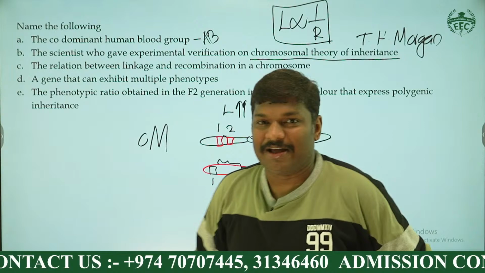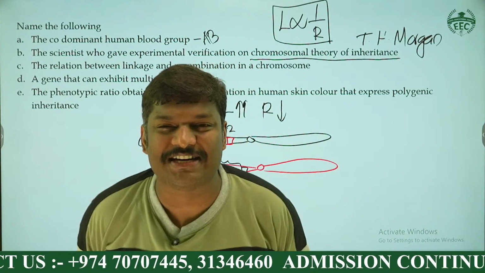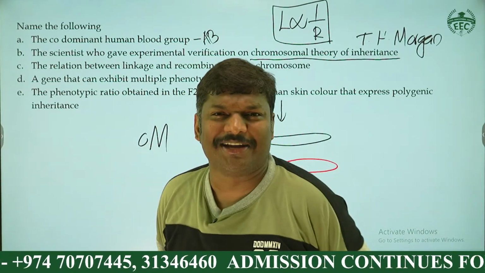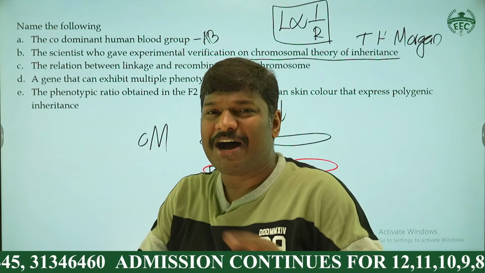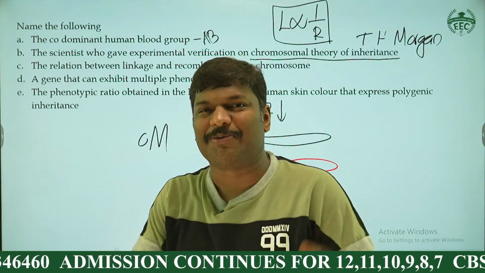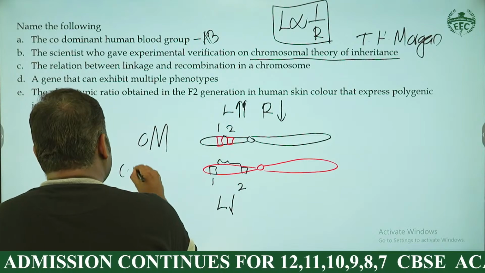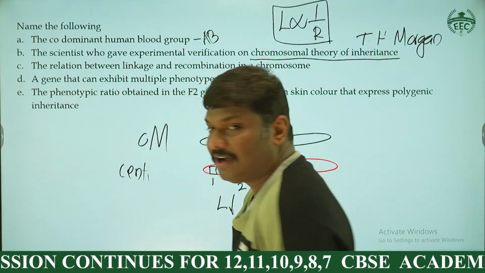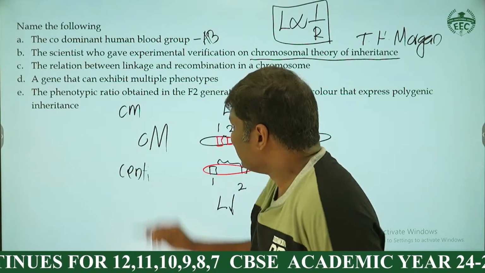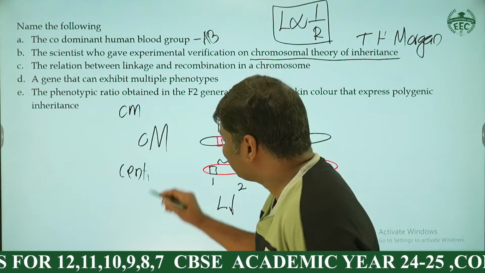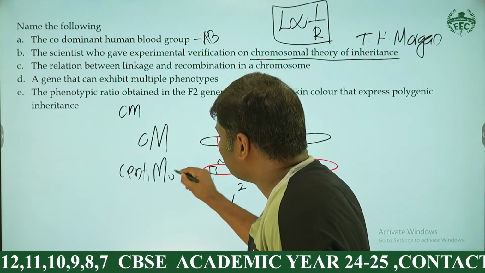Whenever we use cm for distance, we commonly use the term centimeter. But it is not possible to use centimeter to describe the distance between two genes. We use cM. If both are small letters, that is centimeter. If c is a small letter and M is a capital letter, it is called centimorgan.